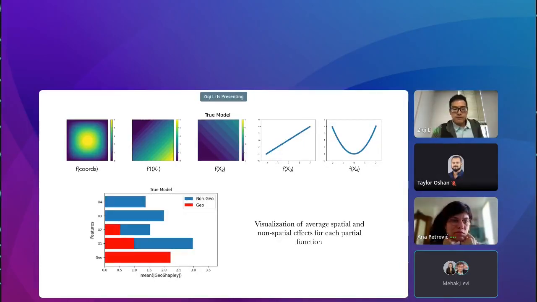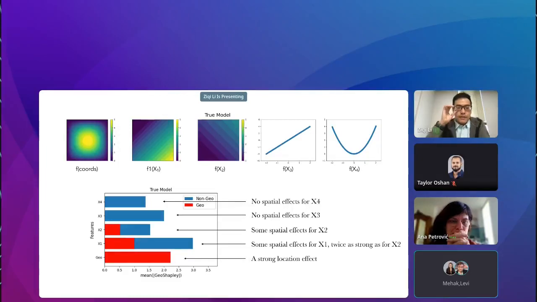Then there's some visualization where we can calculate the average spatial or non-spatial effects for each feature, for each partial function. The red part is the geo effect, and the blue part is the non-geo effect. You can see that in this particular case, for the last two effects there is nothing geospatial at all.